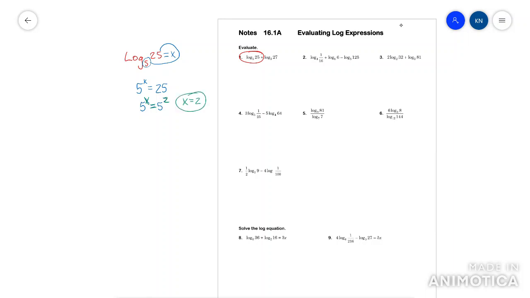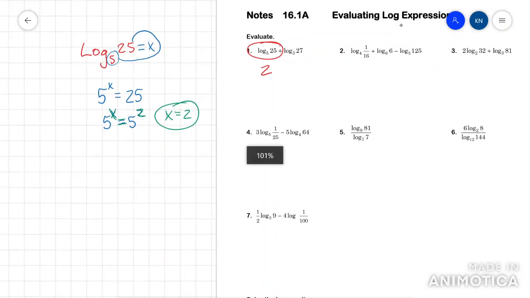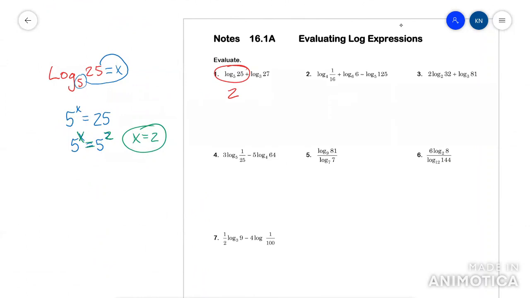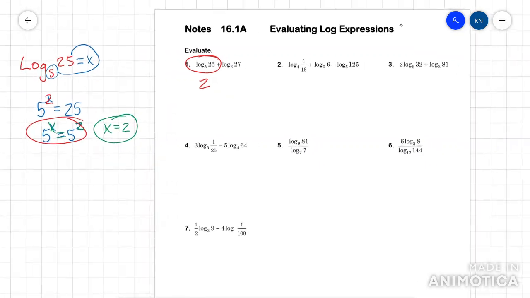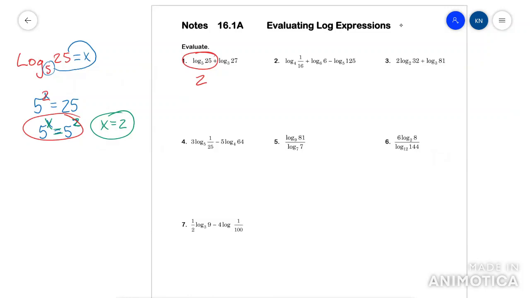So log base 5 of 25 has a value of 2. That's what I mean when I say evaluate logs. If you know that 5 to the 2 is 25, then you don't have to take it this far, but if you don't know that, then make it into an exponential problem. So log base 5 of 25 is 2.